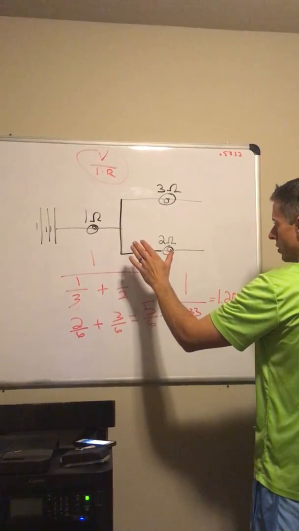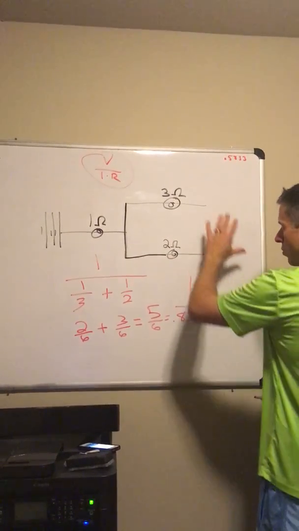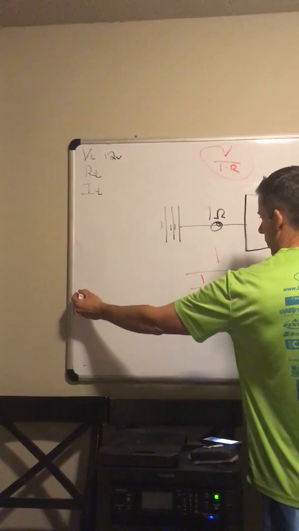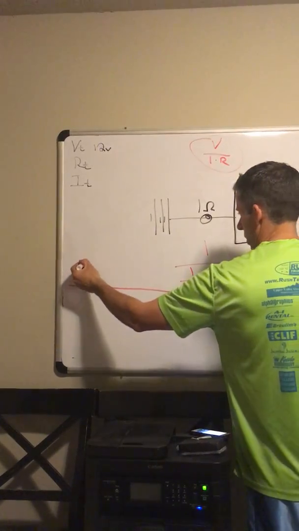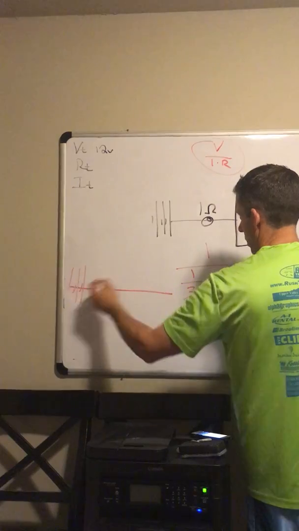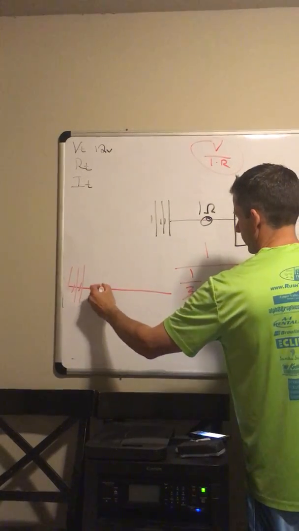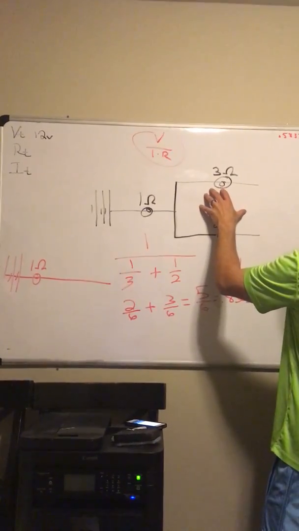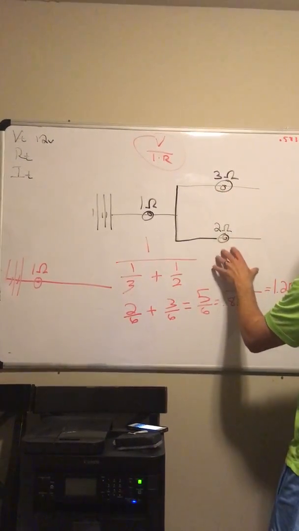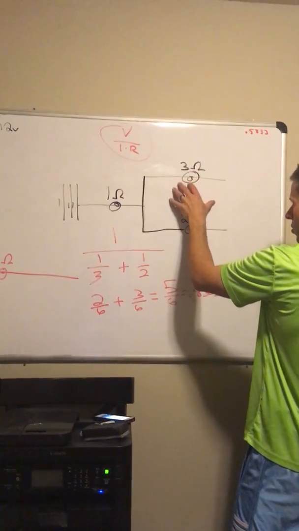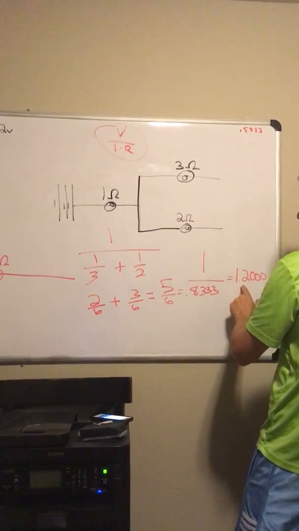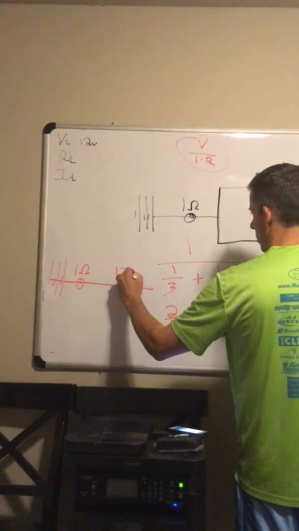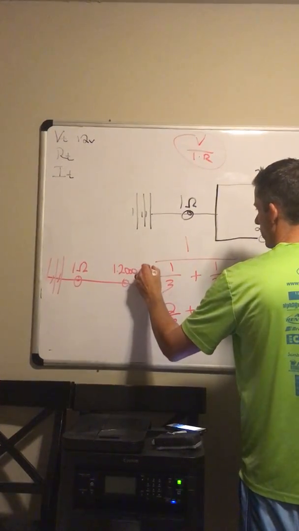So to simplify things a little bit better for you, I can redraw this so I can understand what's taking place. I've got my circuit. This is my battery. I've got this first resistor, which is 1 ohm. And then I've got this portion right here, and I've determined how much resistance is for the total parallel portion, and that is 1.200 ohms of resistance.